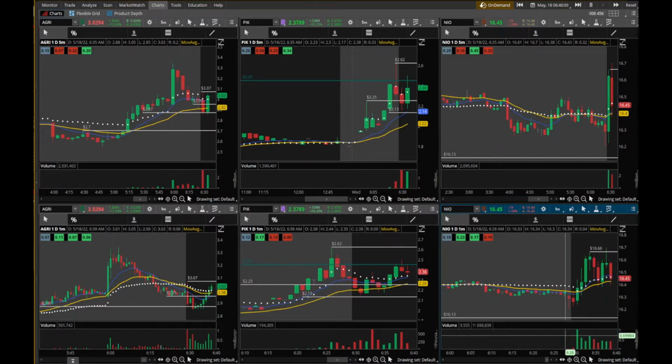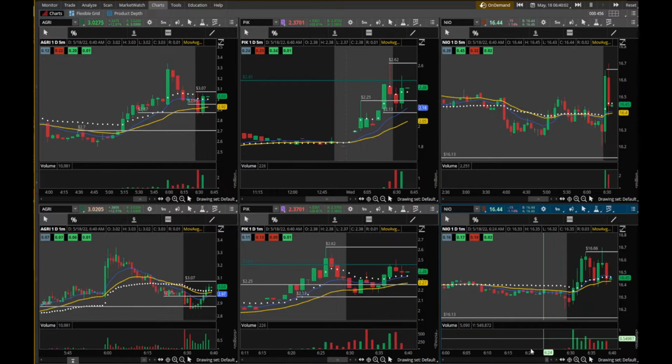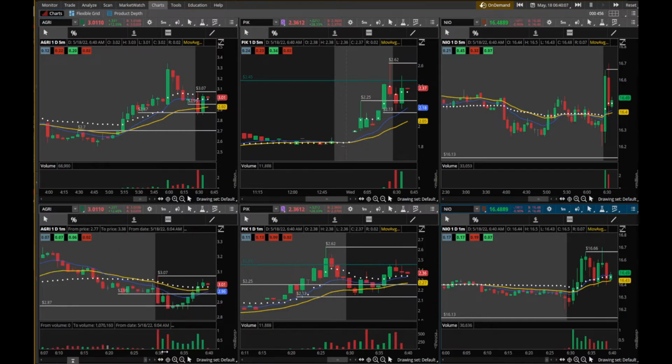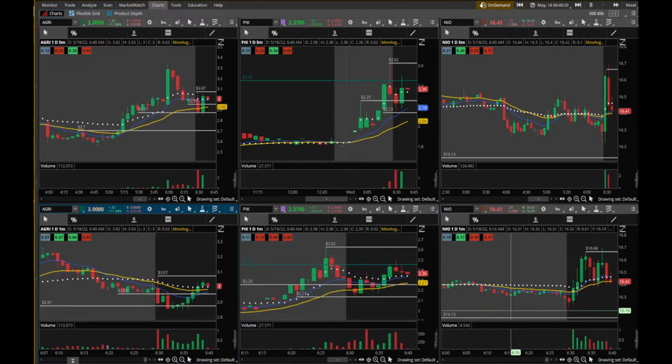Kind of an equilibrium A, B, C, D setup. I mention those a lot because they're common. It's not unusual to see an ABCD setup where it breaks out first and then pulls back and then finally breaks. The market isn't perfect.